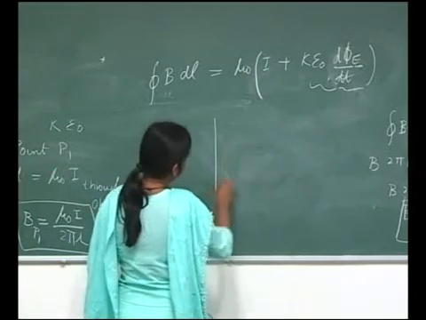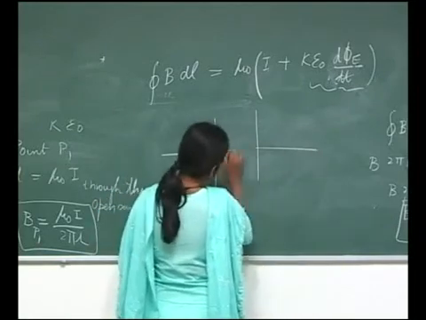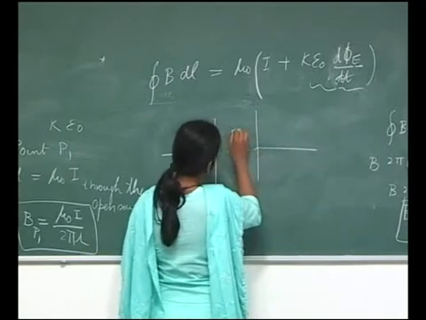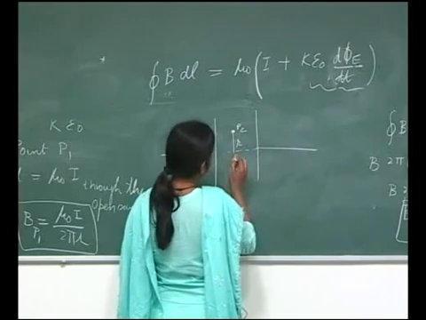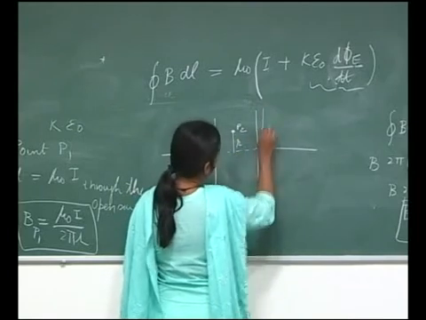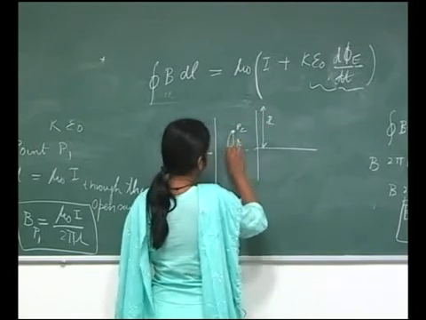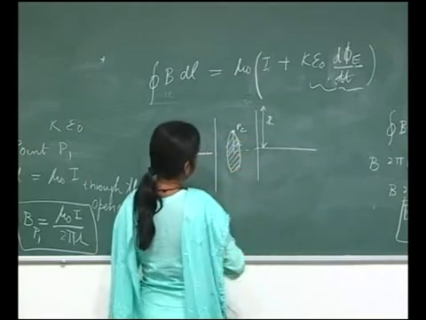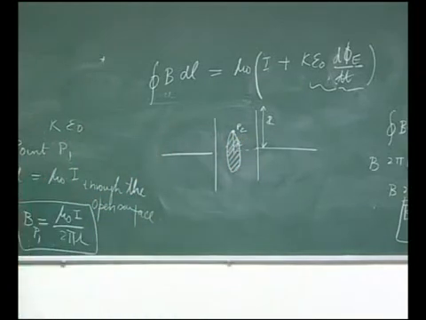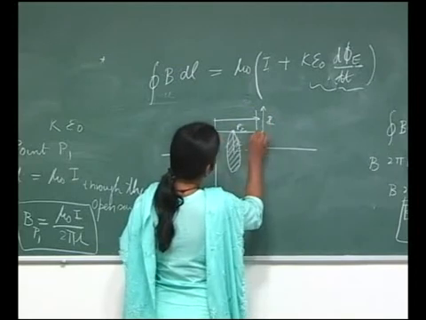So, now I have a capacitor and the current goes like this, and let me say this is the axis, and I have my point P2 now here, and this distance I assume is small r, and this is capital R, and now I associate a small closed loop and let the open surface associated be like this. Now, I do not need a bag, okay, because it is well within the surface. So, now the electric field lines are going like this.